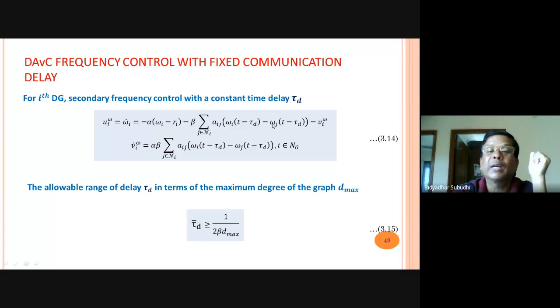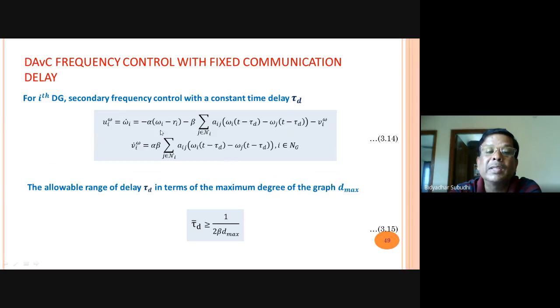So in order to accommodate that delay in the control, how to compensate this delay, we represent this delay here. That means if it is a state, t minus tau d, and here is another state, and this is for the second, like the neighboring DG frequency, t minus tau d.